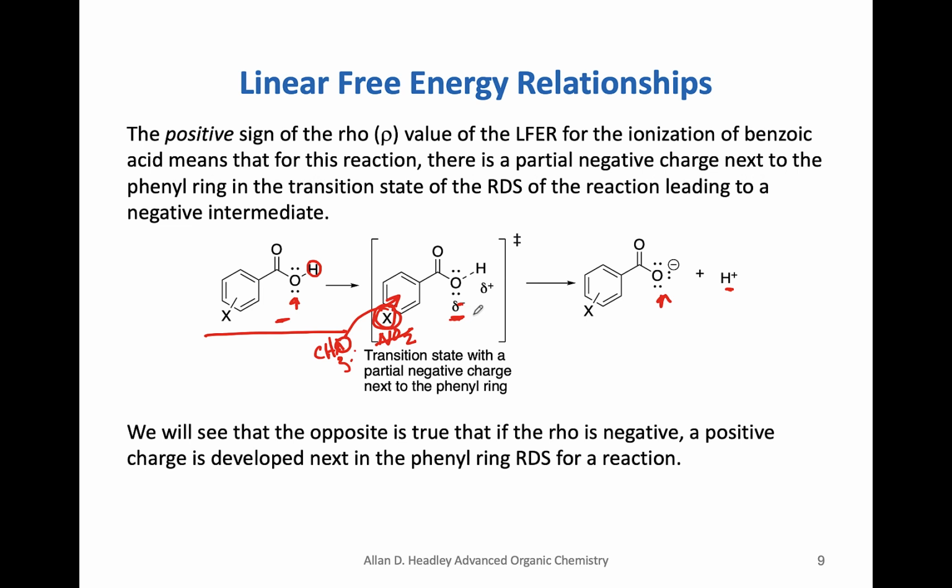So that's one of the important implications here, is that a positive slope implies that in the most important step of the reaction, the rate determining step or the equilibrium, an electron donating group will slow it down and an electron withdrawing group will favor that reaction.